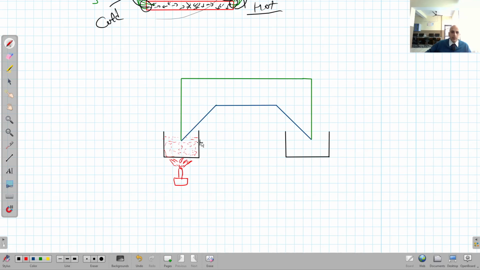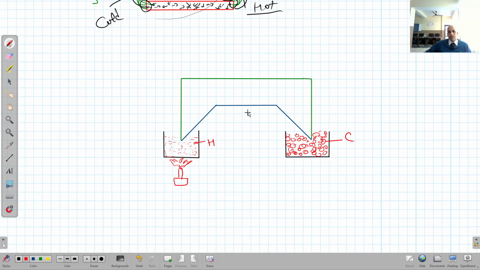So it is hot, and here I have placed some ice cubes. It is cold. Right. This is cold. Right.